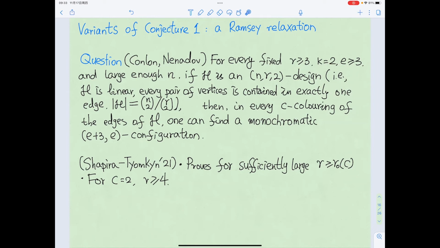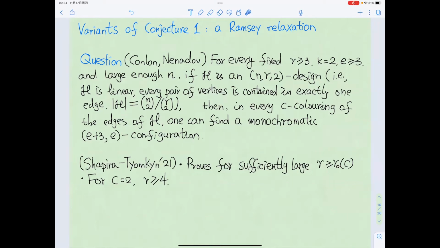if the r-graph H is an (n, r, 2)-design, or in other words, H is linear and every pair of its vertices is contained in exactly one edge, so this means the number of edges in H is exactly n choose 2 over r choose 2.